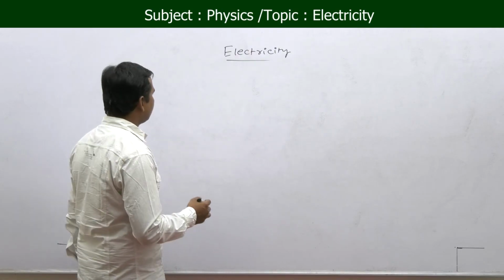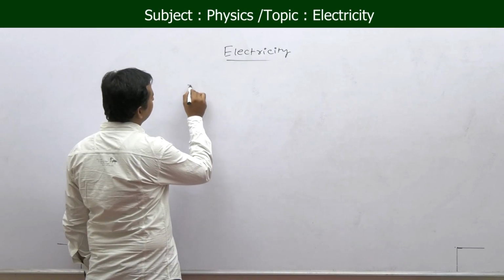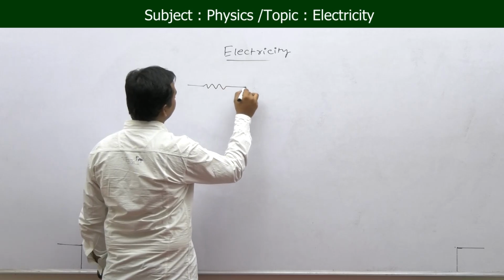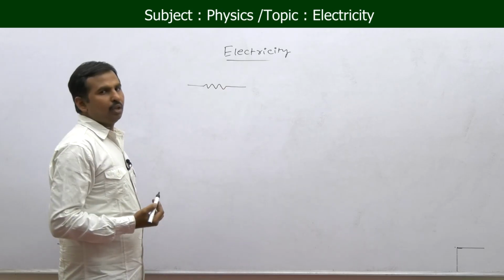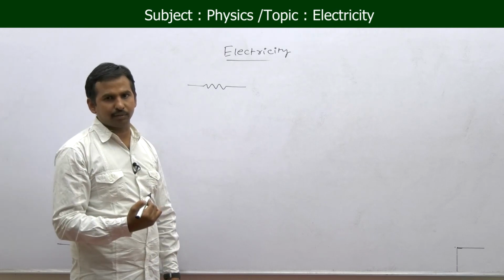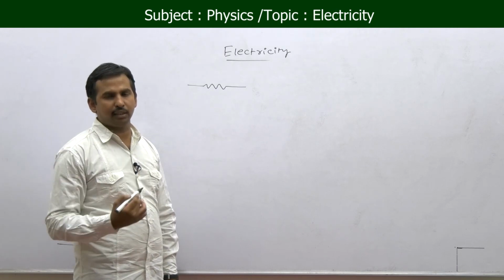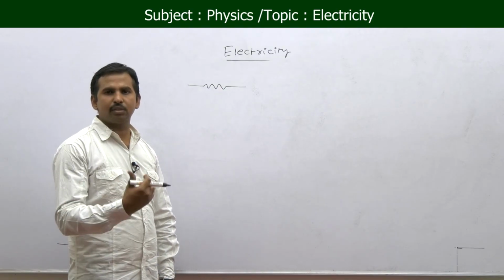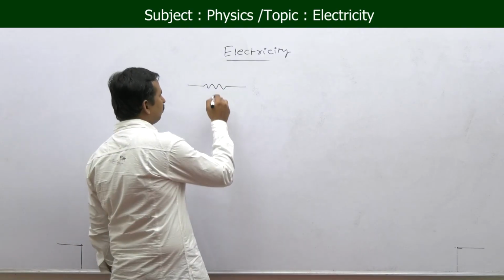Okay. So actually the symbol for resistance is like this. Now we join these resistances one after another. One after another here is like increasing the length. If the length increases, the resistance also increases. That we will see now.